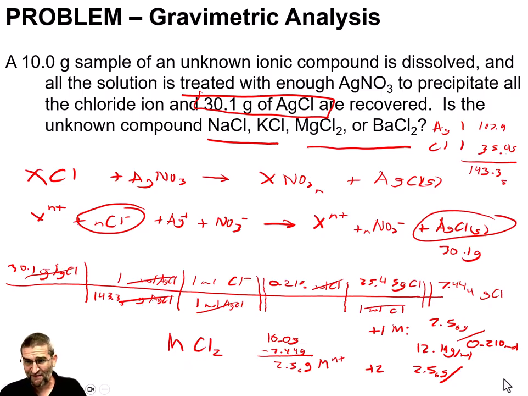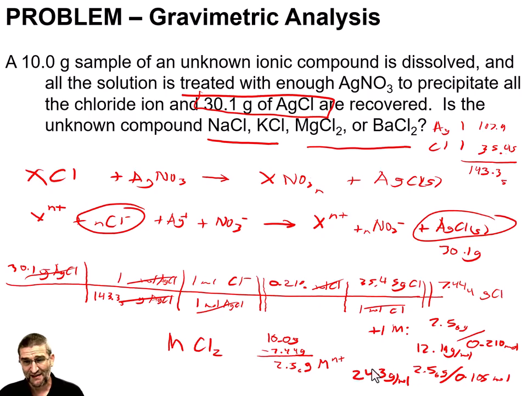So we're going to use half of that number, so 0.105 moles. And when we grab our calculator and type that in, I'm going to clear that out so I have a spot to write, we'd get 24.3 grams per mole.